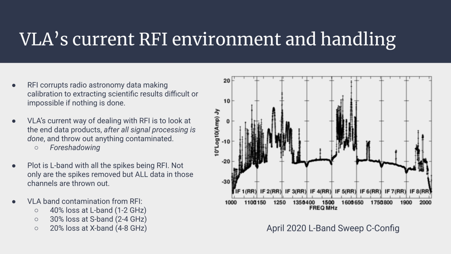Not only are the spikes removed, but all the data in those channels are thrown out. And with these handling methods, this results in losses of about 40% at L-band, 30% at S-band, and about 20% at X-band. So between 1 and 5 gigahertz, the VLA loses up to 30% of its bandwidth in continuum modes.